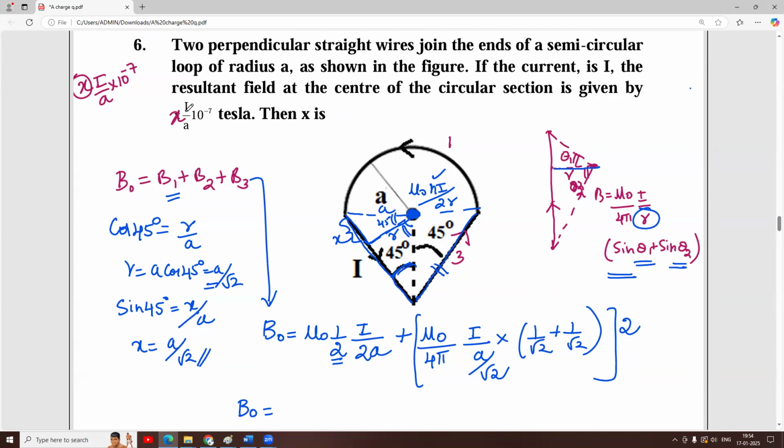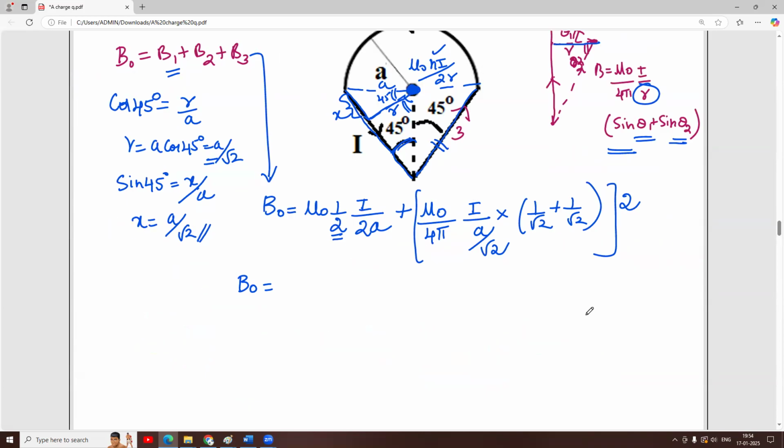B naught is equal to... I want pi to come out, because they have cancelled pi here. Maybe the answer is in terms of pi also. So I take mu naught by 4 pi outside the bracket. For the semicircle term I have 4 in the denominator, so I multiply and divide by pi: mu naught by 4 pi, and I write pi, and 2 into 2 is 4, so pi I by A. Plus, for the straight wires, mu naught by 4 pi outside, and 2 by root 2 into I by (A by root 2), and again 2 times.